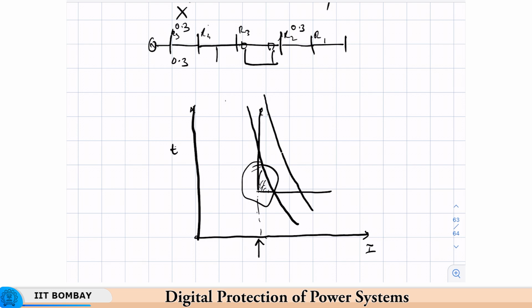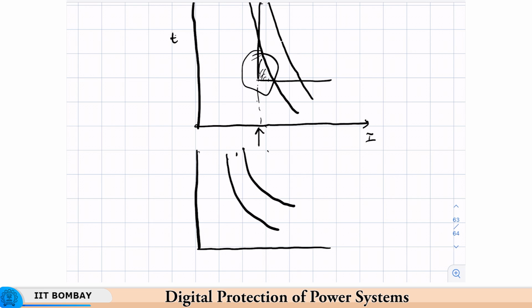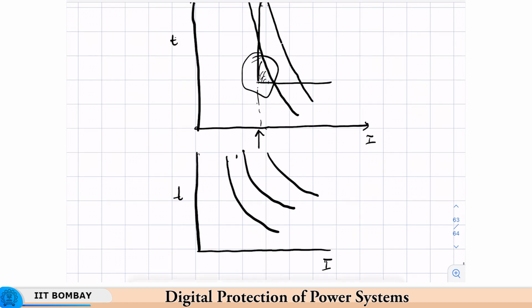This actually led to the development of definite time or inverse definite minimum time relays, with characteristics like this. There are various characteristics that are available, which we shall see soon, with varying kinds of slopes. What these are and what the equations governing them are, we will see in our slides.